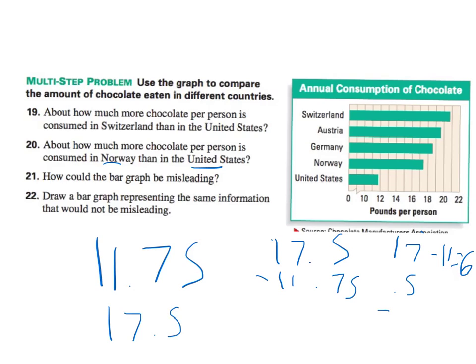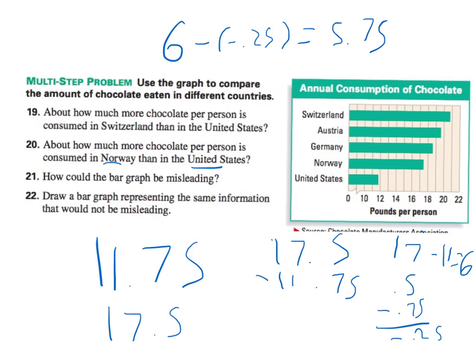So 0.5 minus 0.75 equals negative 0.25. So now we have 6 minus 0.25, which will equal 5.75. So now we know it's 5.75 pounds. Don't forget to write in the weight, and now we will go to our next question.